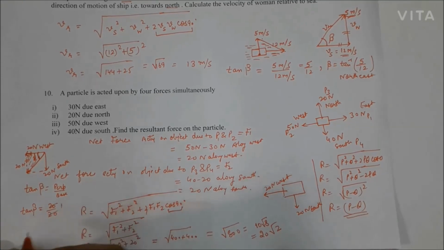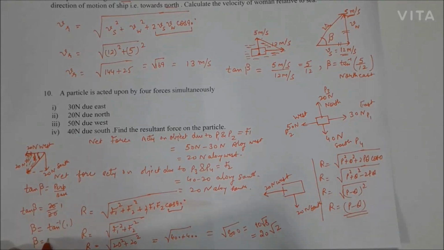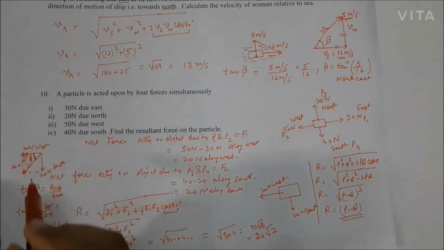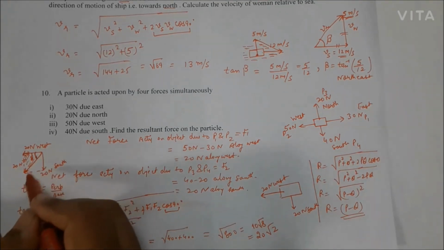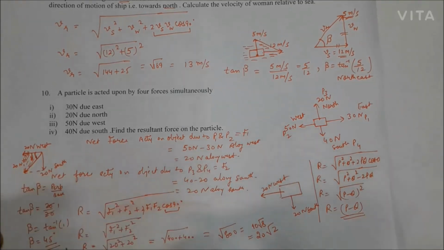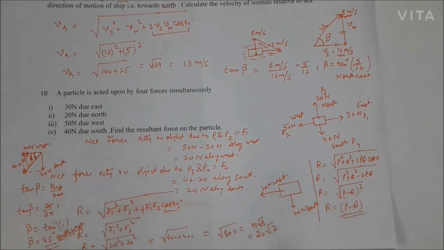So it comes out to be 1, and beta is tan inverse 1. Now at what angle the value of tan is 1? It is 45 degree. Now your resultant will act at 45 degrees towards southwest. As the resultant lies between west and south direction, the direction of resultant will be southwest. This is the direction of your resultant.